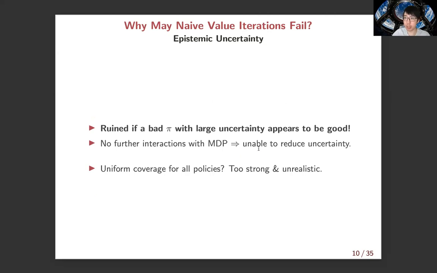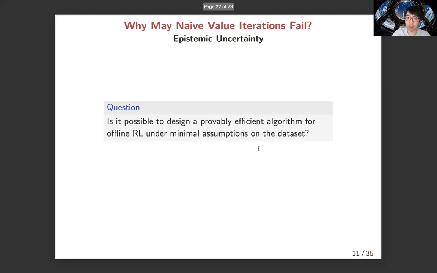It means that our data set is sufficiently good in the sense that it can cover all states and all actions sufficiently many times. And then for any policy, we can evaluate this J or the Q function sufficiently well. But this type of assumption might be just too strong and unrealistic. So then the question we try to answer is to design a provably efficient algorithm for offline RL without posing too many assumptions on the data set.